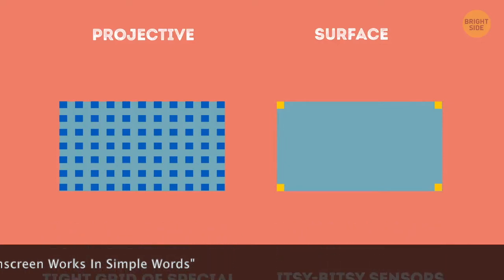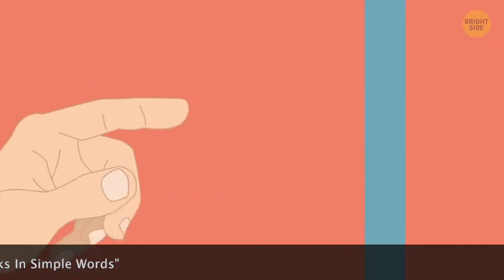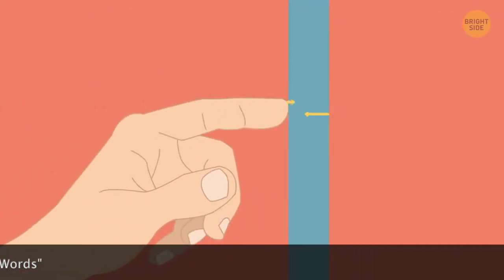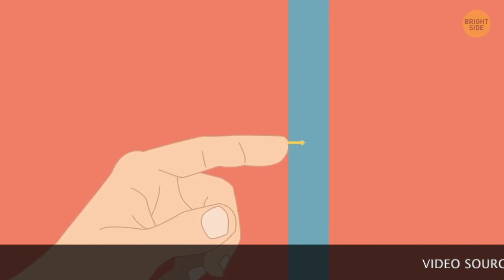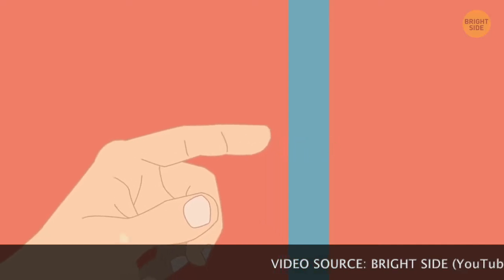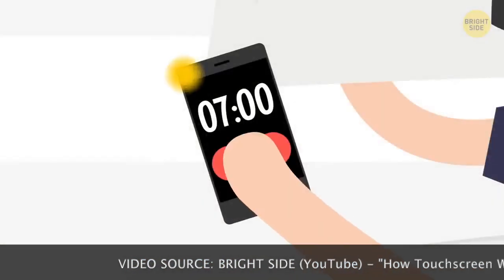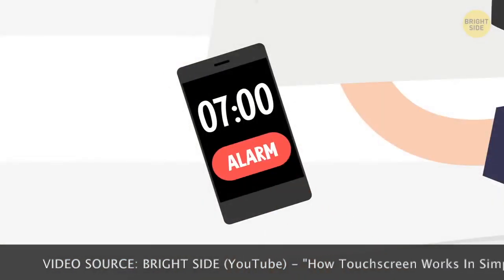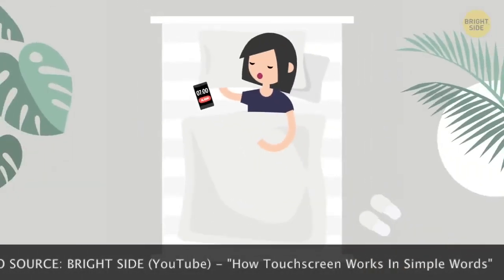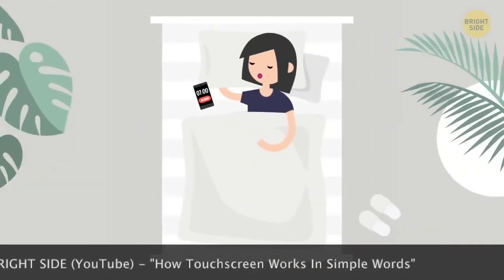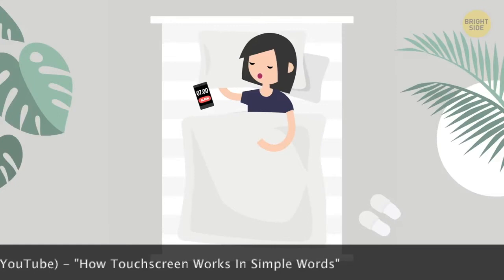But whichever type of capacitive screen you use, as soon as your finger hits the display, it transfers a teeny electrical charge back to your finger. As a result, you have a complete circuit, which leads to a voltage drop in a particular place on the screen. Voila! The software analyzes the location of this voltage drop and follows your command. Yes, I'd like to snooze for 5 more minutes, thank you kindly.